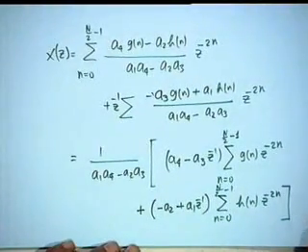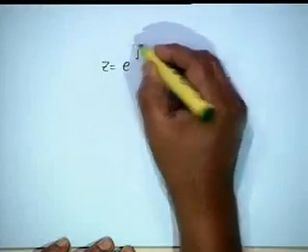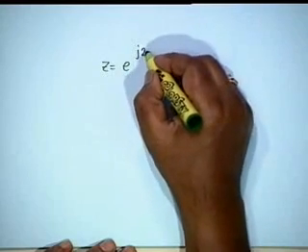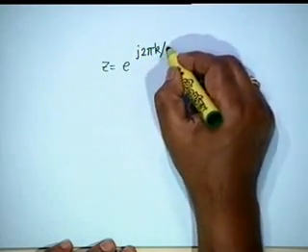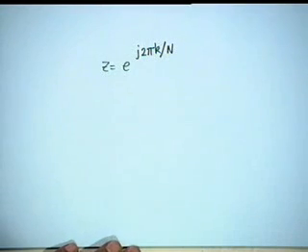Okay. Now we put Z equal to e to the power j 2 pi k by n. So n by 2 only.